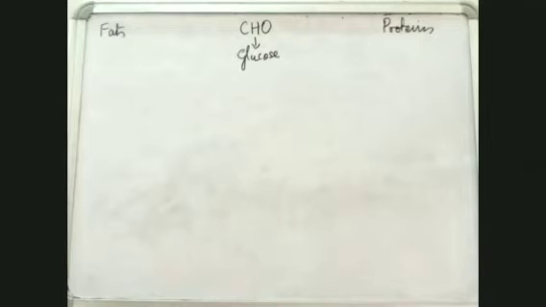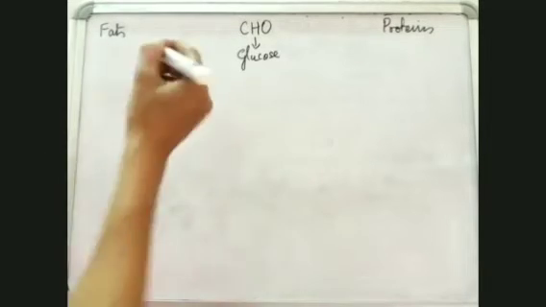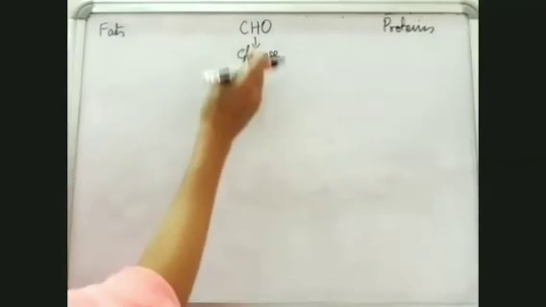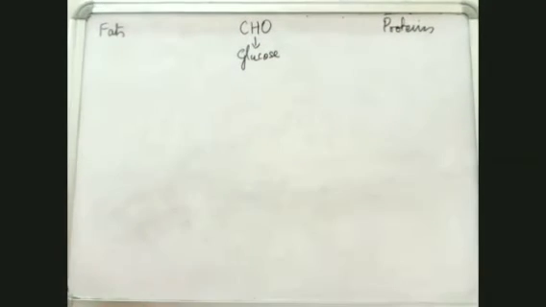If you remember, there were 10 steps of glycolysis. You remember the process of glycolysis, when the glucose is broken down, which includes 10 steps.